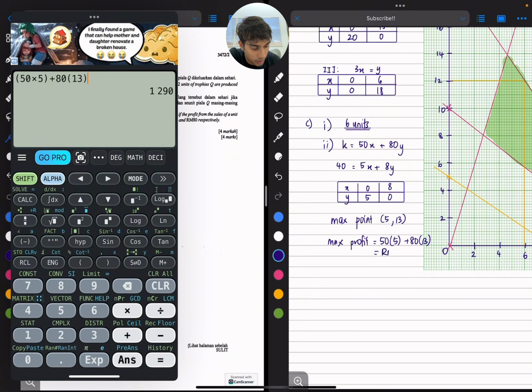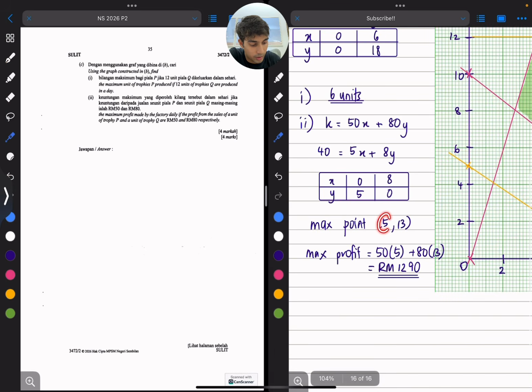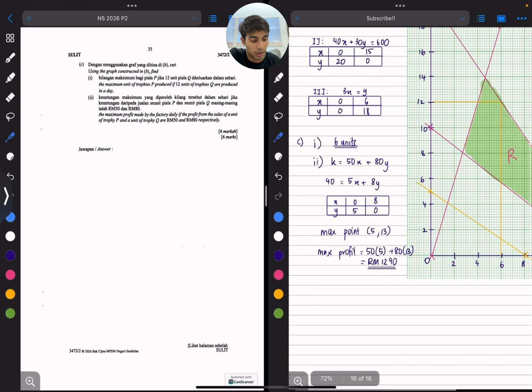We get 1,290 ringgit. This is the maximum profit we can get by selling 5 trophies P and 13 trophies Q. So if you make this combination of trophies, you profit the most.